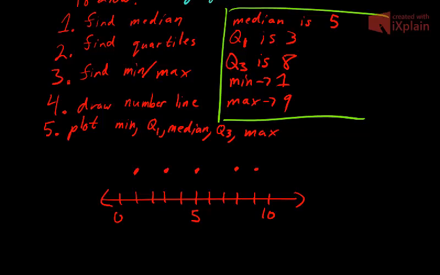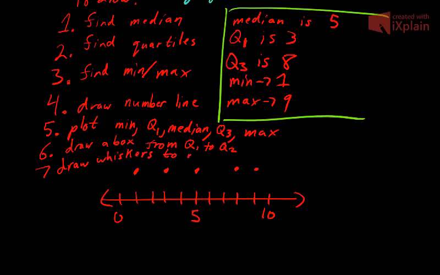So now what we're going to do is draw the box and whisker plot. We're going to draw a box from Q1 to Q3, and then we're going to draw whiskers to the min and the max. I'm running out of room a little bit here, but it should still work out. Let me draw my box and whisker plot in green.